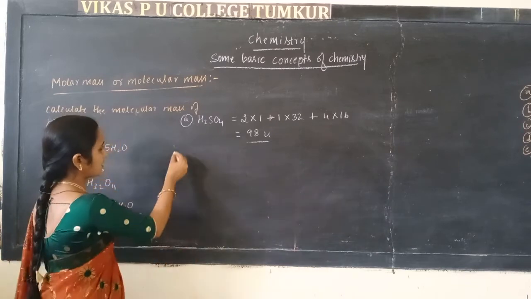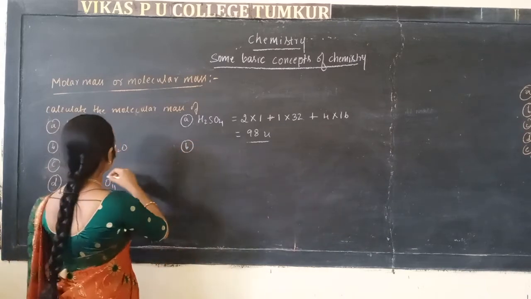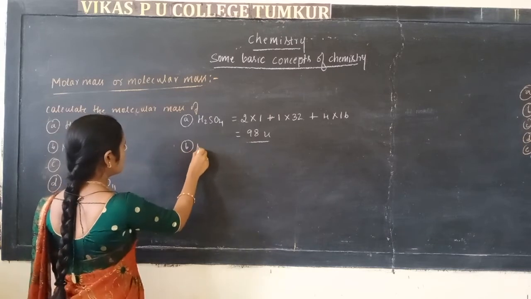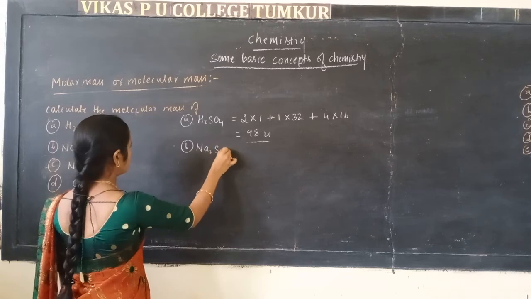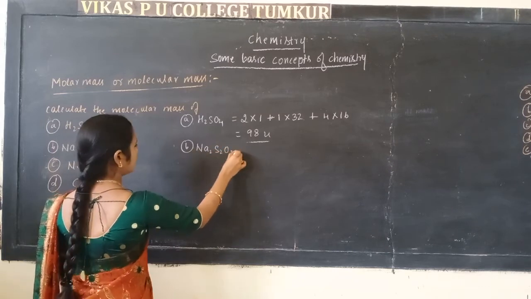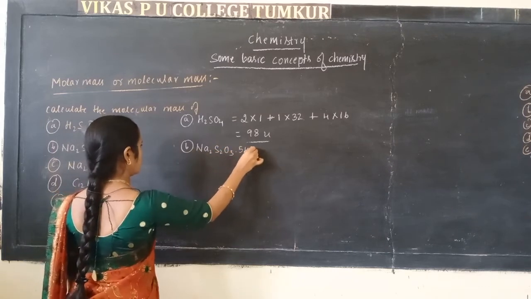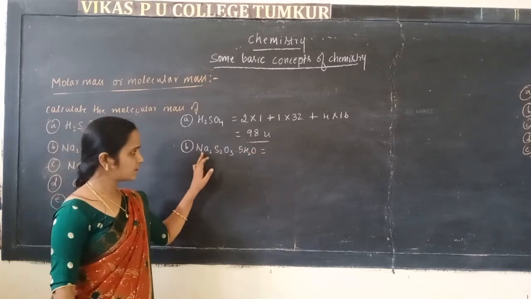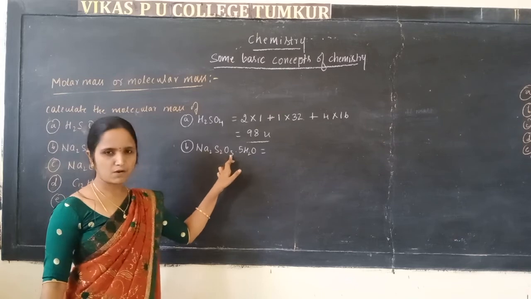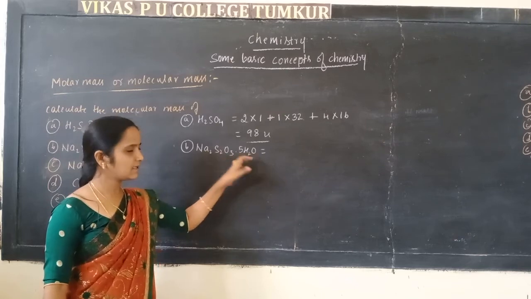Like that we will calculate the second one, the molecular mass of sodium thiosulfate, Na2S2O3.5H2O. How many types of elements are present? Sodium, sulfur, oxygen, hydrogen, and again oxygen.